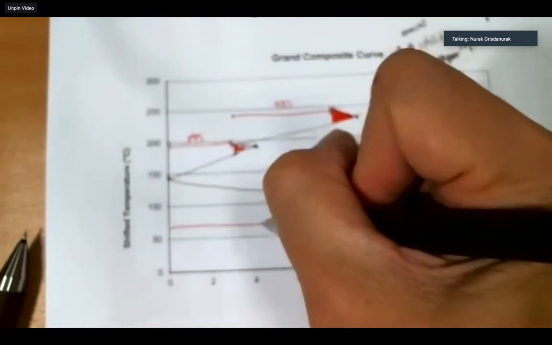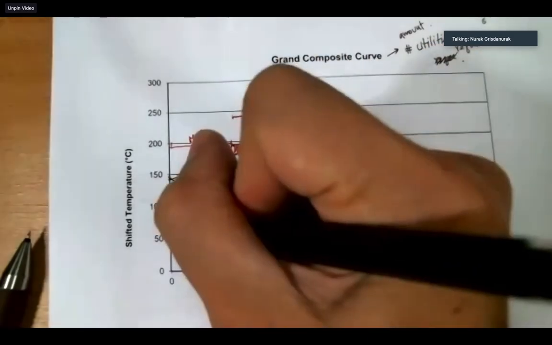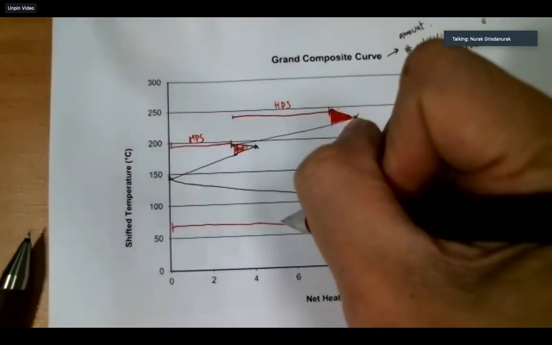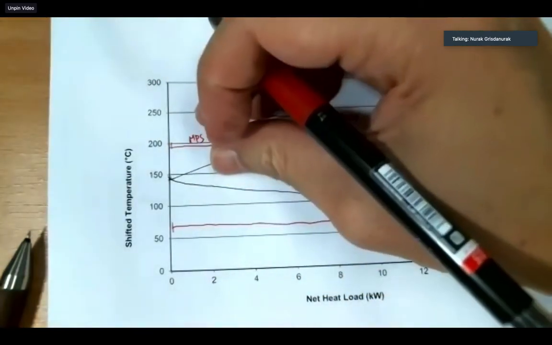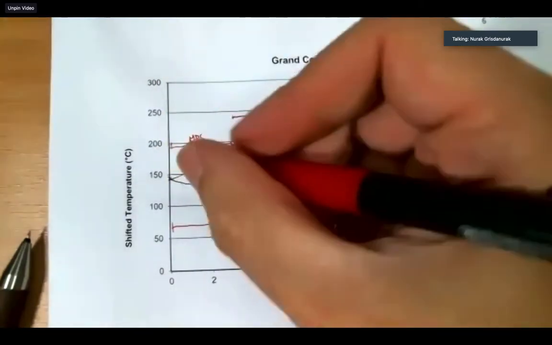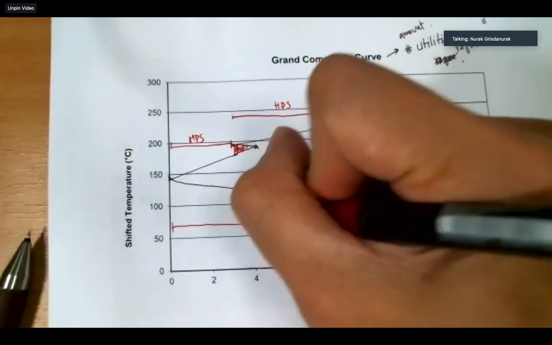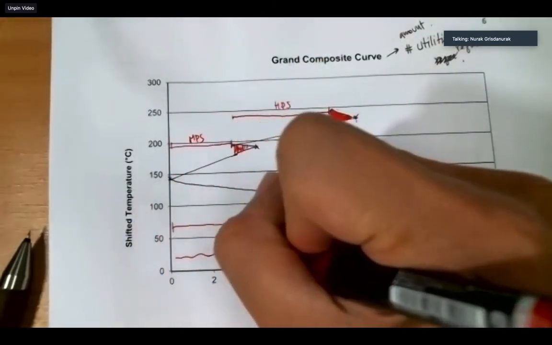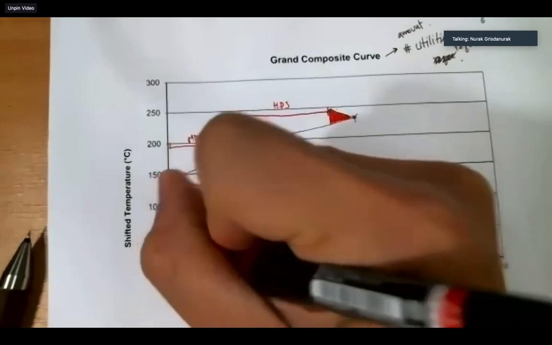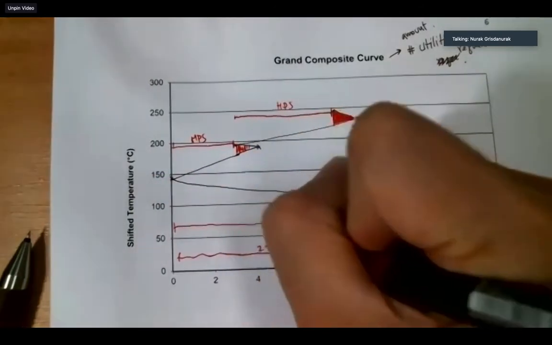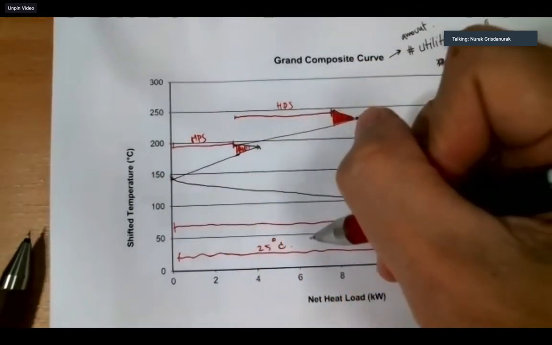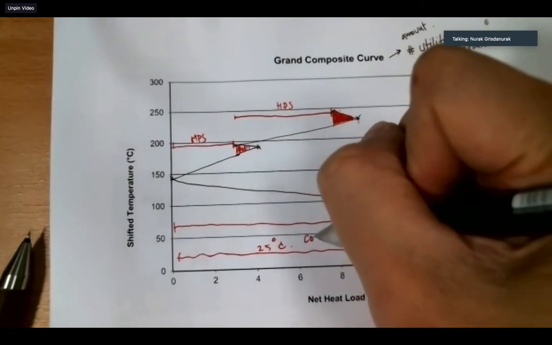The rest is the one that you have to buy. This is hot part, this is cold part, so what you have to buy is... you need 25 degrees Celsius, what kind of utility you have to use? Cooling water.